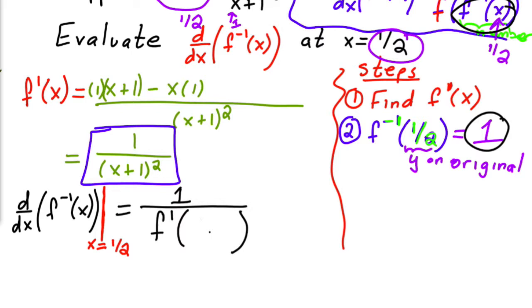And so this is f inverse at 1/2, which was equal to 1. So essentially what that's saying is that I'm going to plug in the number 1 inside of f prime, which you found earlier in step 1.